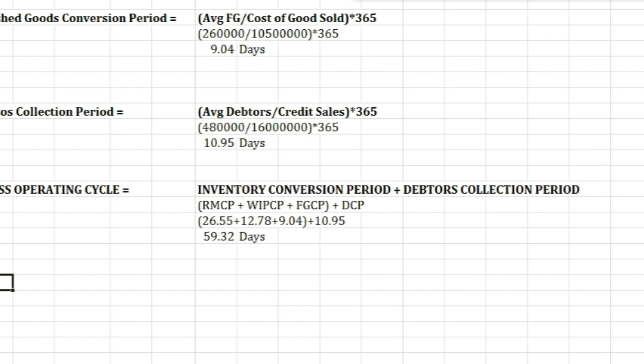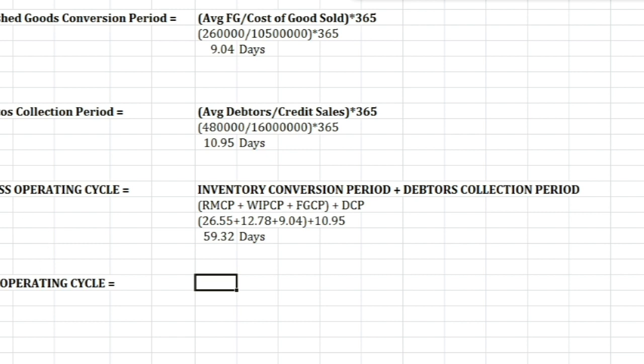And we have to calculate the net operating cycle. The equation for the net operating cycle is inventory conversion period plus debtors collection period minus creditors payment period, or gross operating cycle minus creditors payment period.